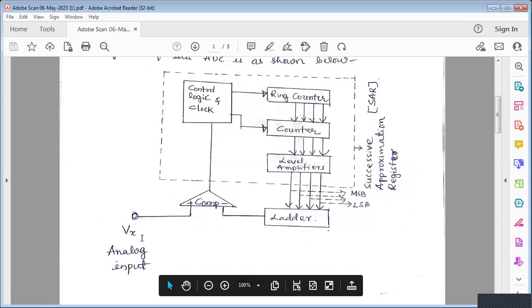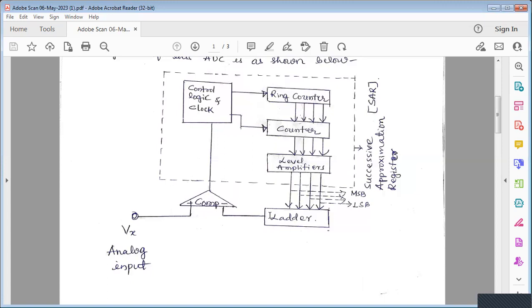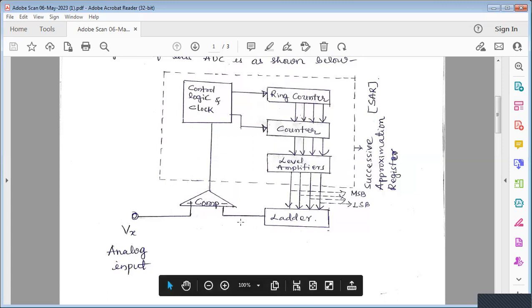Vx is the input signal which is to be converted into digital, and from the ladder another signal comes which is also analog. We can take this as a reference voltage, and sometimes it is called VDAC. So the output of this ladder can be represented as VD or VDAC.